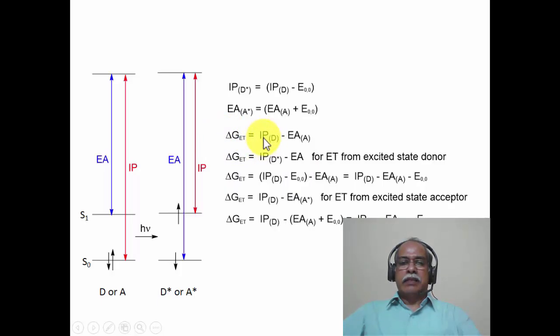Now, if it is an excited state electron transfer process where the electron transfer is taking place from the excited donor, then you have to substitute the ionization potential of the excited state donor in the place of the ionization potential of the ground state donor, because this is coming from the excitation. Donor is excited first and then the electron transfer process is taking place.